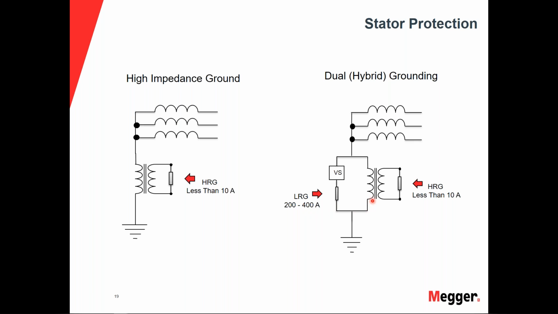But if the ground fault is too high based upon the ground differential scheme, we can open this vacuum switch to allow this fault current path to go through our high resistance ground path, to keep this current level very low.